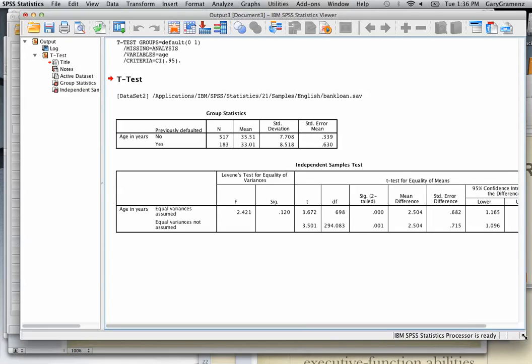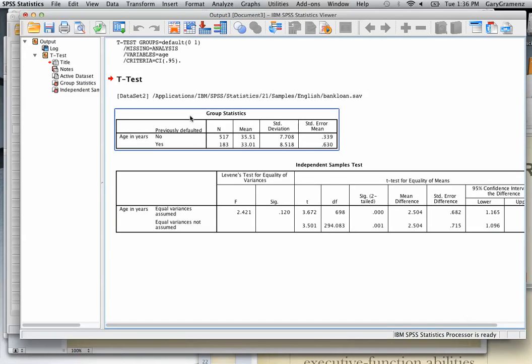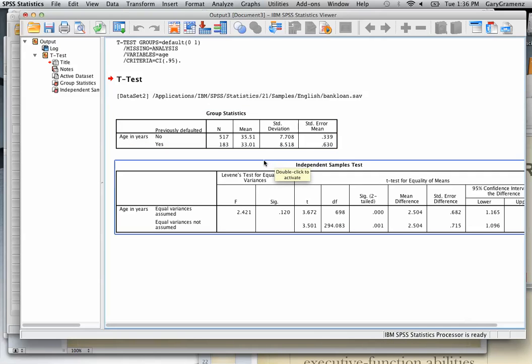Now in this report, the first table has our groups: the people who didn't default on the debt and the people who did. And it says here that we're going to compare their age in years.